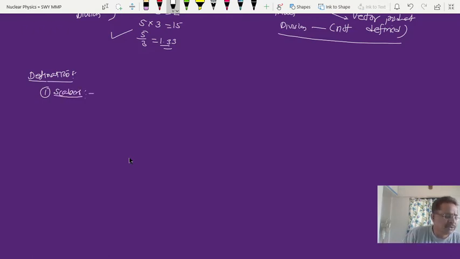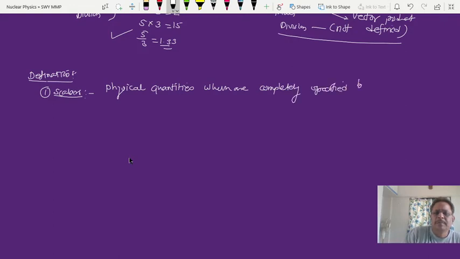Okay, so write the definition: physical quantities which are completely specified by magnitude are scalar quantities or scalars.